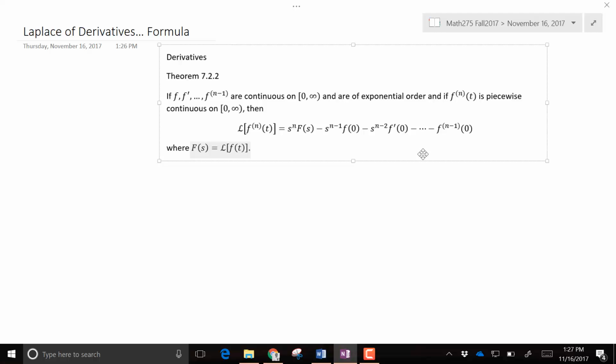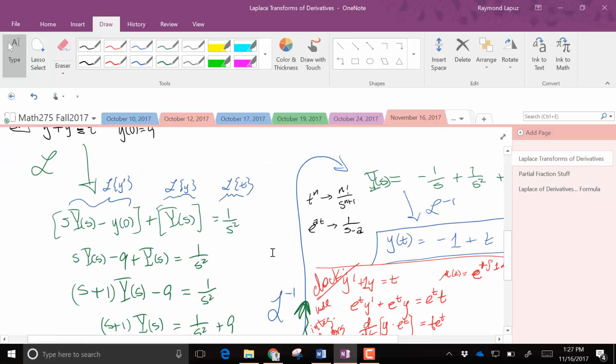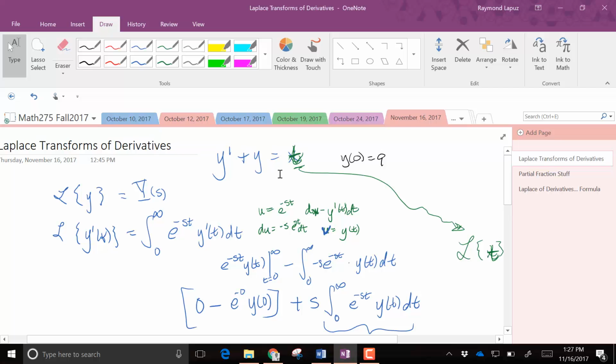I didn't come up with that. They just did what we did, and they just put double prime in here, do integration by parts a couple times.